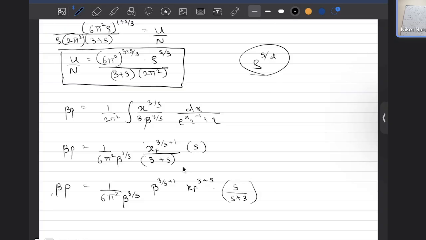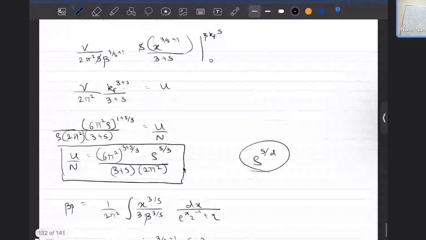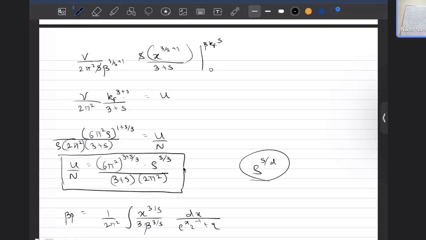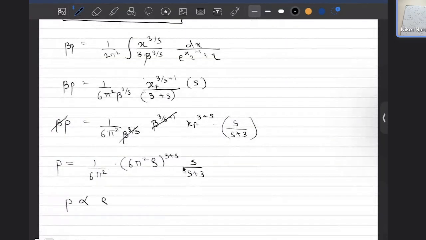So these betas get cancelled. I just have to put in kf now. What is kf? Kf raised to 3 plus s. So it's just 1 by 6 pi square into 6 pi square rho 3 plus s on s plus 3 is equal to p. So basically, p is directly proportional to rho power 3 plus s is the idea.